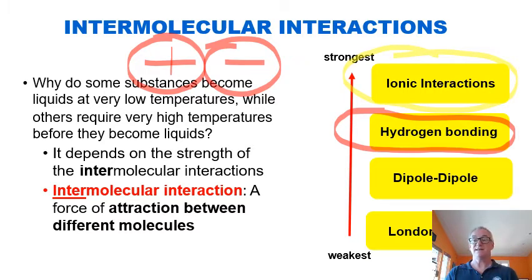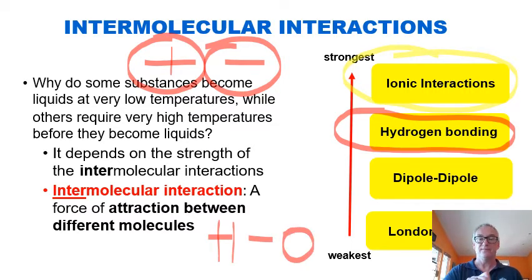And in this instance, it's a big difference in electronegativity between the hydrogen and the atom that it's bonded to. So if hydrogen is bonded to either oxygen, nitrogen, or fluorine, it forms a very polar bond that interacts more strongly than a typical polar bond.